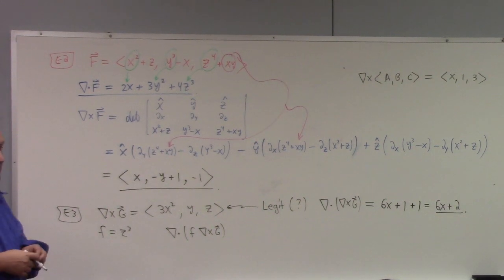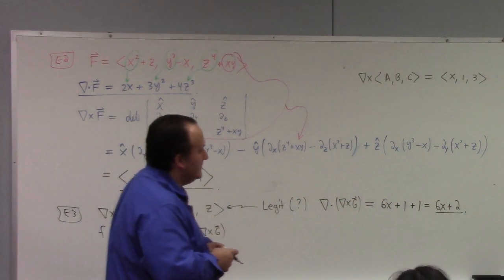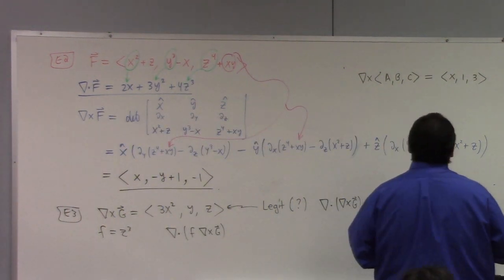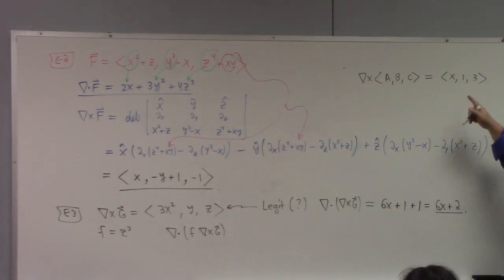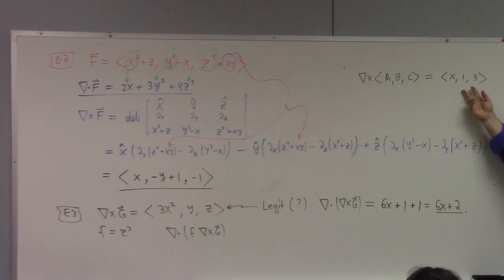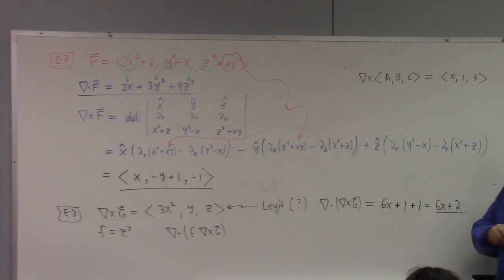Well, I can tell you this much. If you look at the divergence of that, you get what? You get 1. So the answer is no. So to make it interesting, I better make sure I put something here that's divergenceless.